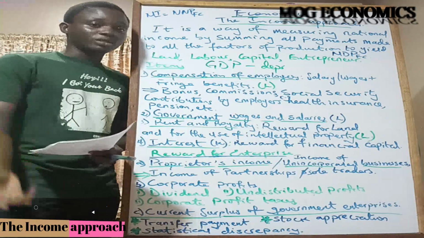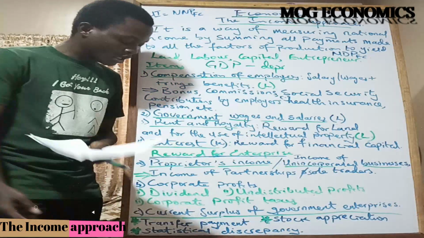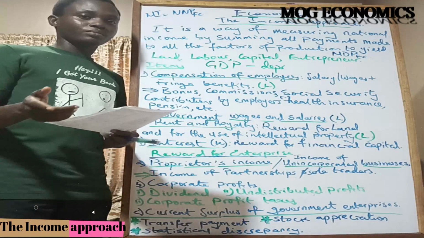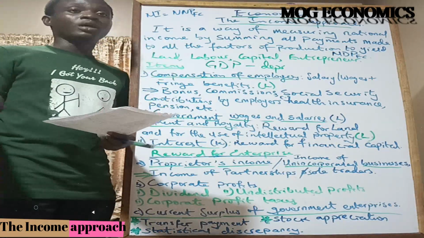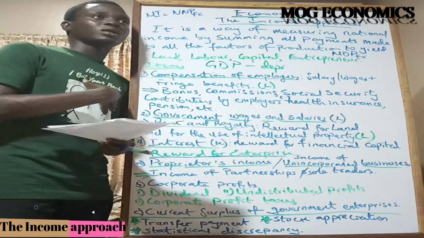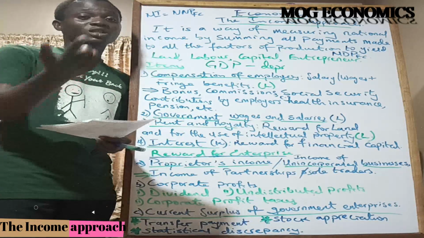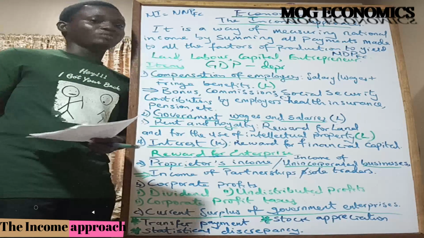Now there are incorporated businesses, my private liability company, public liability companies. Those ones, what they earn, you call them corporate profits. So you don't add for them what you're adding to national income accounting. Their reward actually is profit. It's not the revenue, because revenue minus expenses will give you profit.